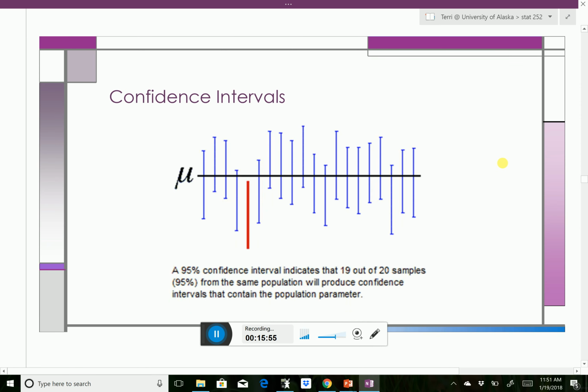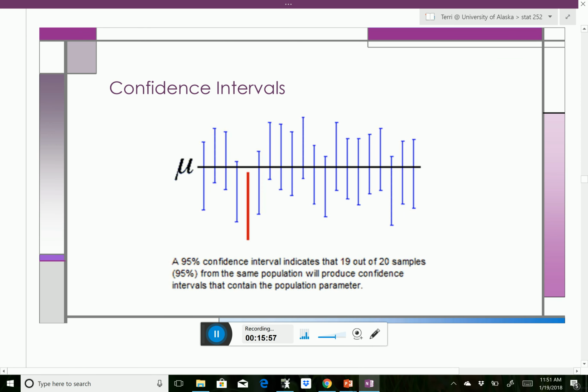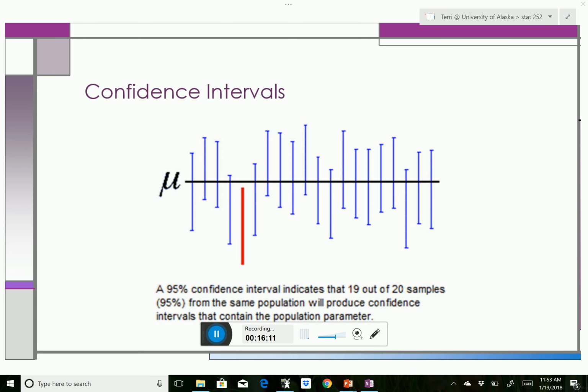Okay, so here's another picture of that. Here is a bunch of confidence intervals that somebody made. Let's say these are a bunch of confidence intervals that we've done. And you'll notice that one of them does not catch the true mean.